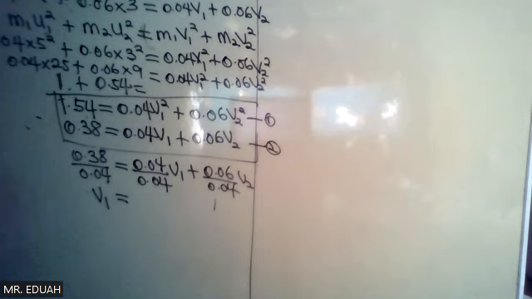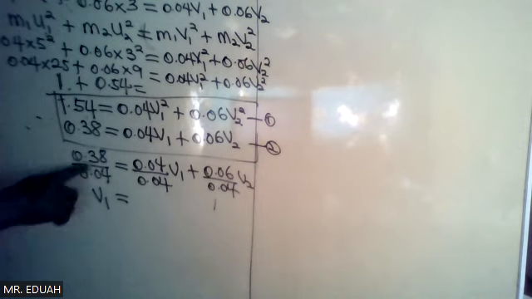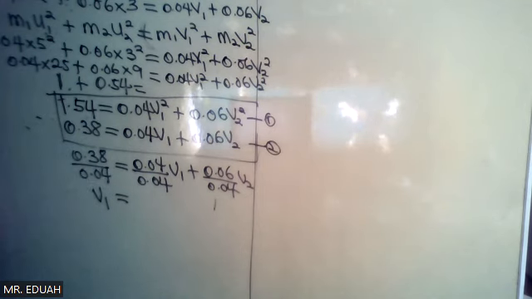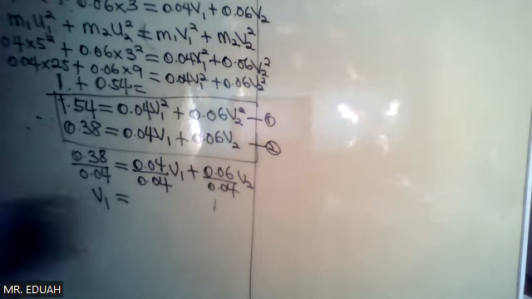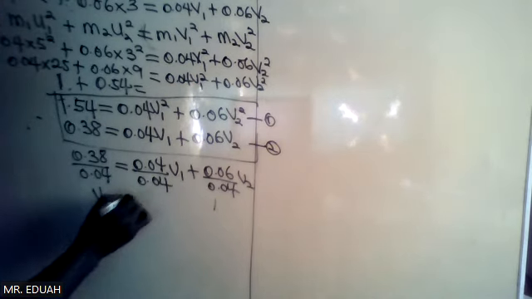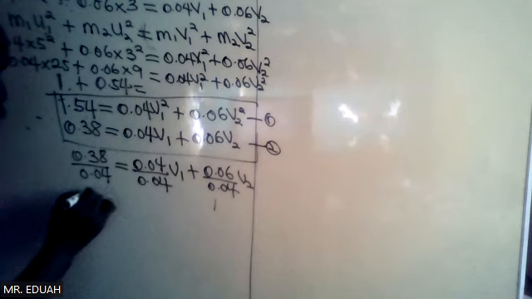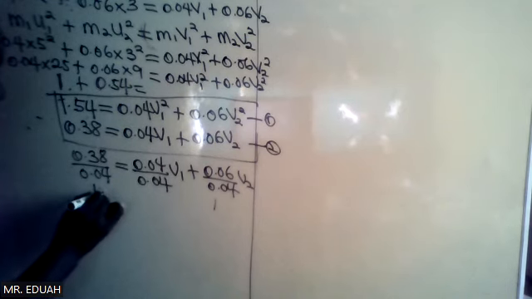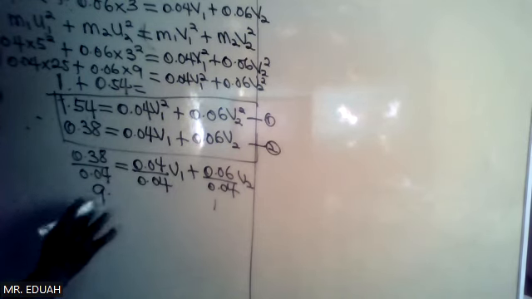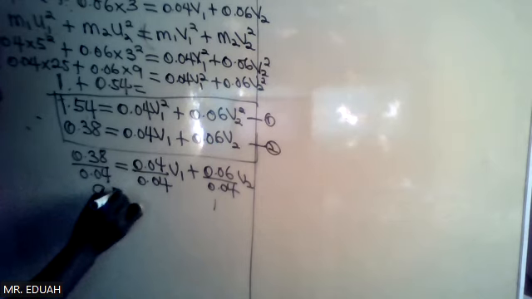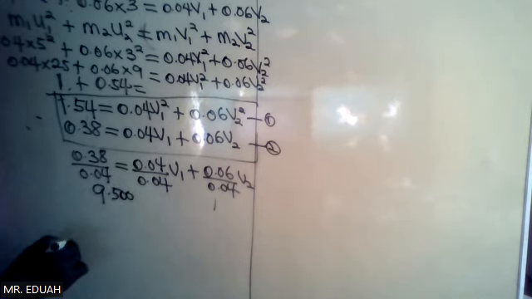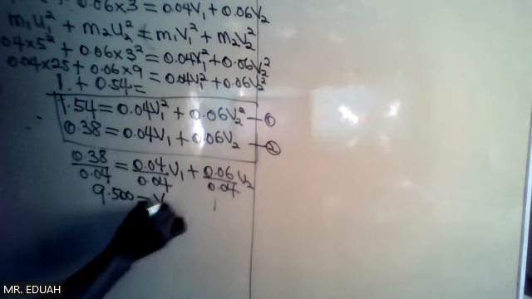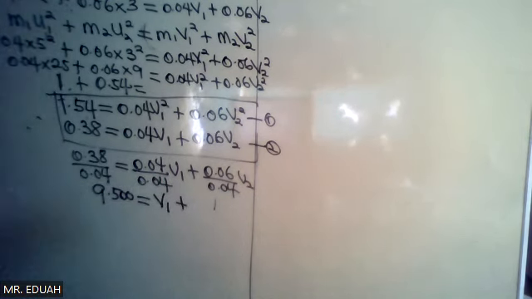Give me the answer in 4DP. Please, let's not waste time. 9.5. Exactly. And then 0.04 divided by 0.03.